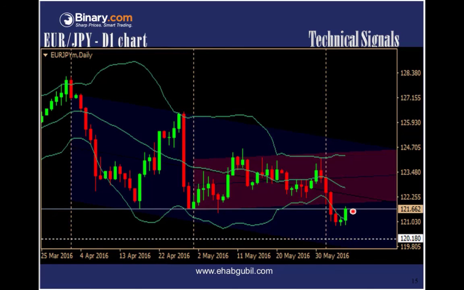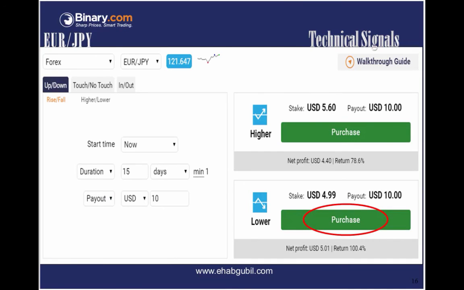So I recommend making fall options on Euro Yen with a duration of 1 to 2 weeks, and I expect the market to reach this level if you want to make a touch trade or touch option. Like this, fall option, Euro Yen, 15 days with a return of 100%, so it would be a good trade.